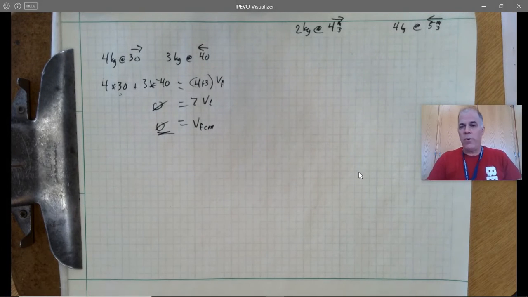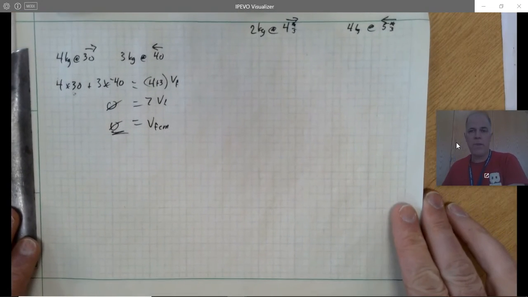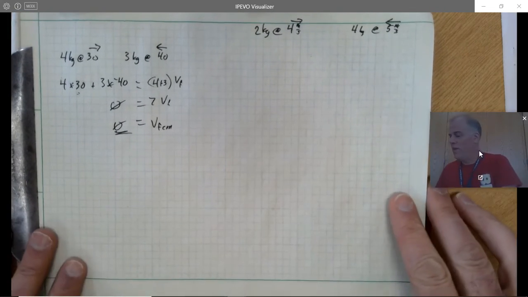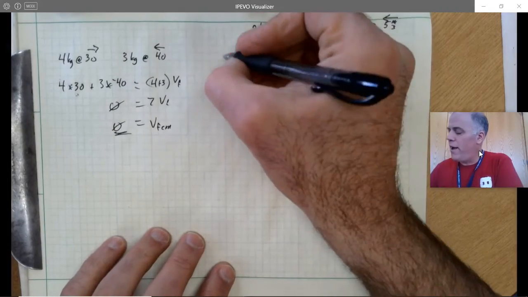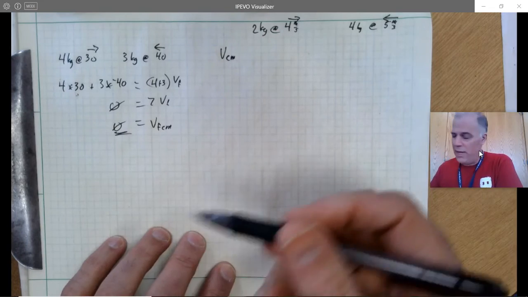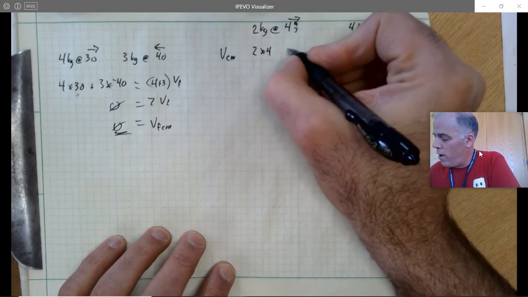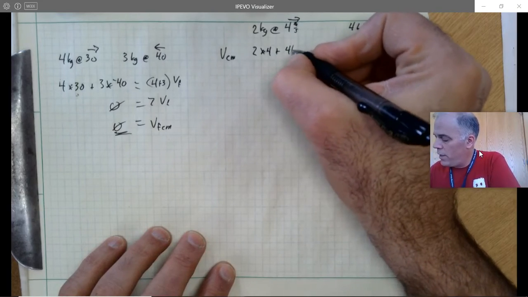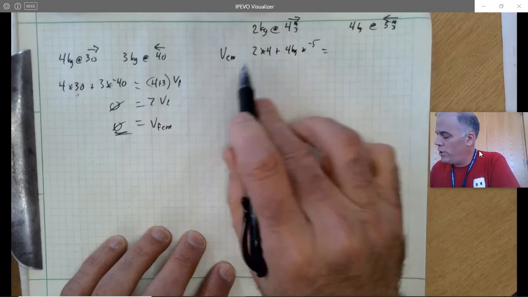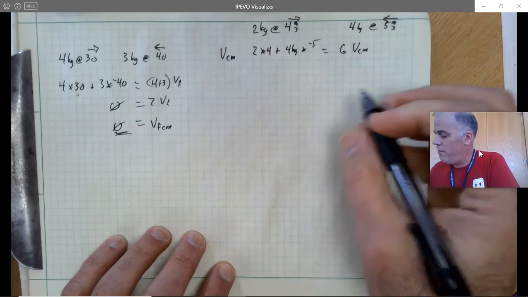Okay, so for the easy solution here, the shortcut solution for our difficult problem, the first step is to find the speed of the center of mass. And we do that by just doing the inelastic equation thing. So we have 2 kilograms times 4 plus 4 kilograms times negative 5 is equal to the total mass, which is 6, times the speed of the center of mass.